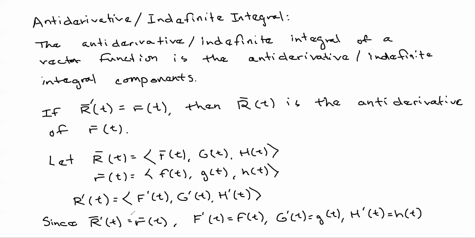That's by vector equality. If two vectors are equal, then their components have to be equal, okay? And then what does that tell you? It tells you that capital F is the antiderivative of lowercase f, capital G is the antiderivative of lowercase g, and capital H is the antiderivative of lowercase h.